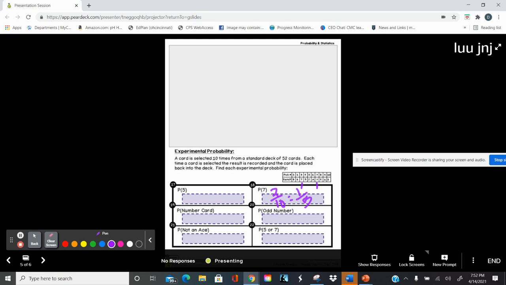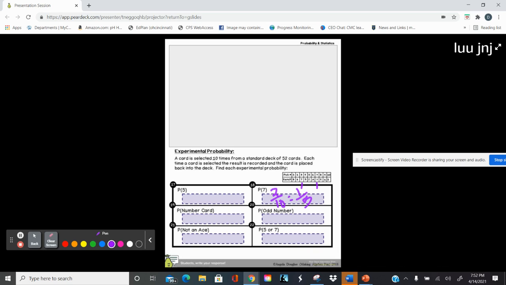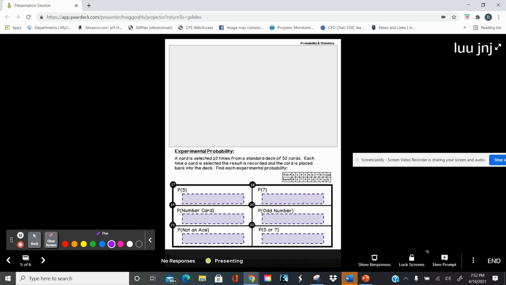A number card. Okay. So now let's go back up after we clear the screen and see how many number cards we got. 1, 2, 3, 4, 5, 6, 7. Where you see the J, that stands for Jack. Where you see the A, that stands for Ace.